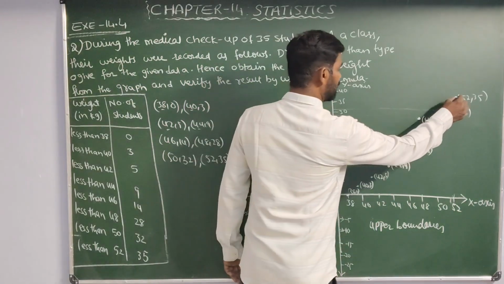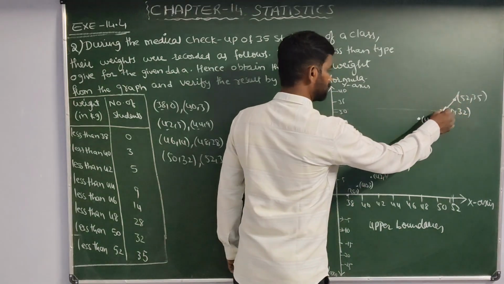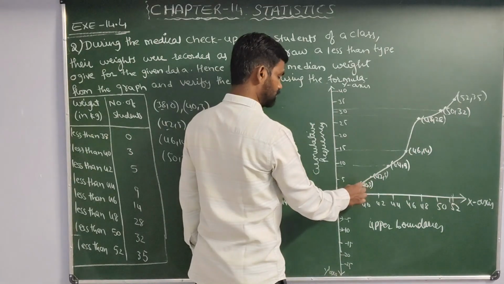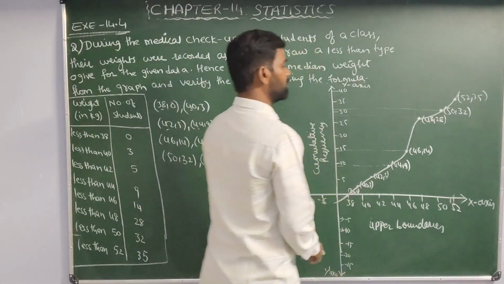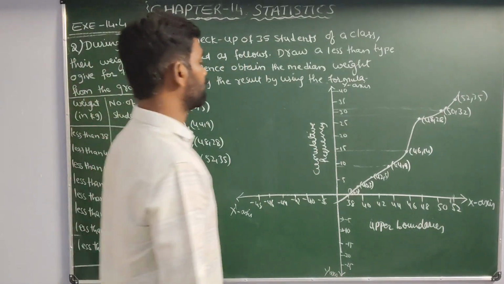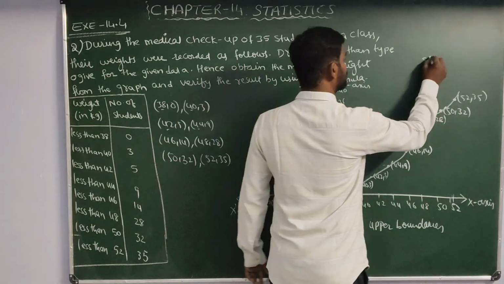Now with your free hand, join these points. Okay, this is a less than ogive type graph. Less than ogive. Write the scale.